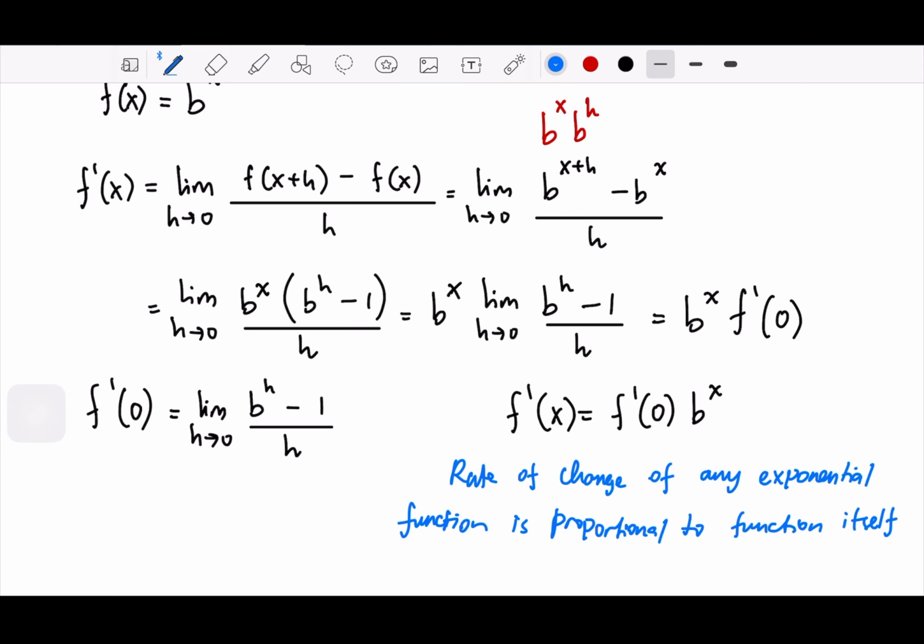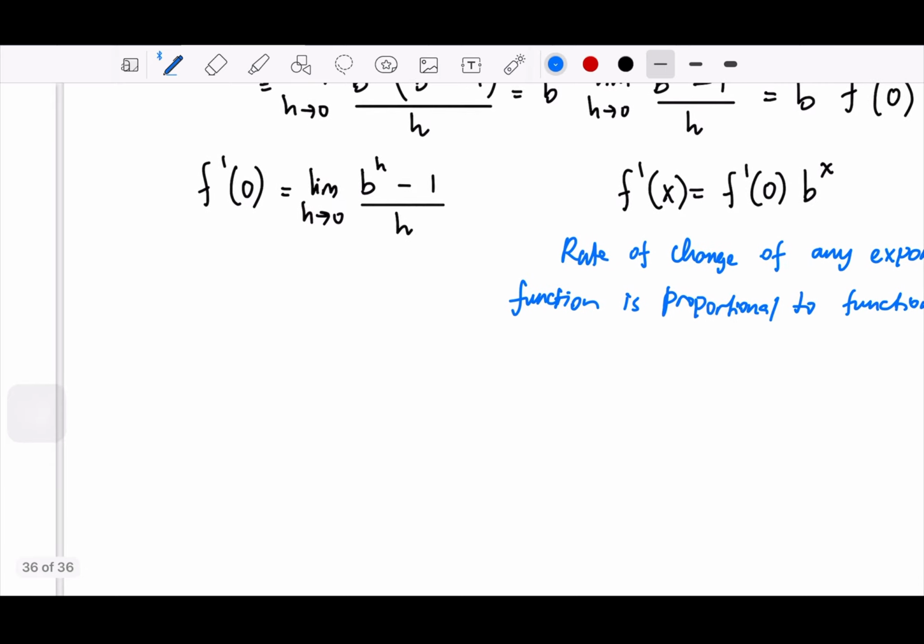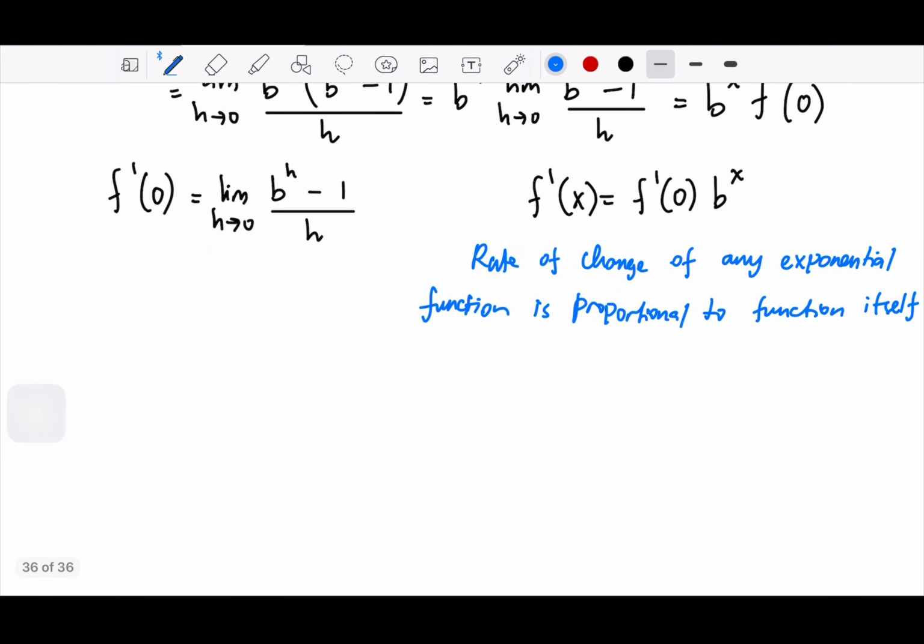Now, to know how we connect this with the e that we know, we can start with some table values of the number b. So let me write around here. Let b equal to, and then use some h. For example, let me write h and then 2 to the power of h minus 1 divided by h.